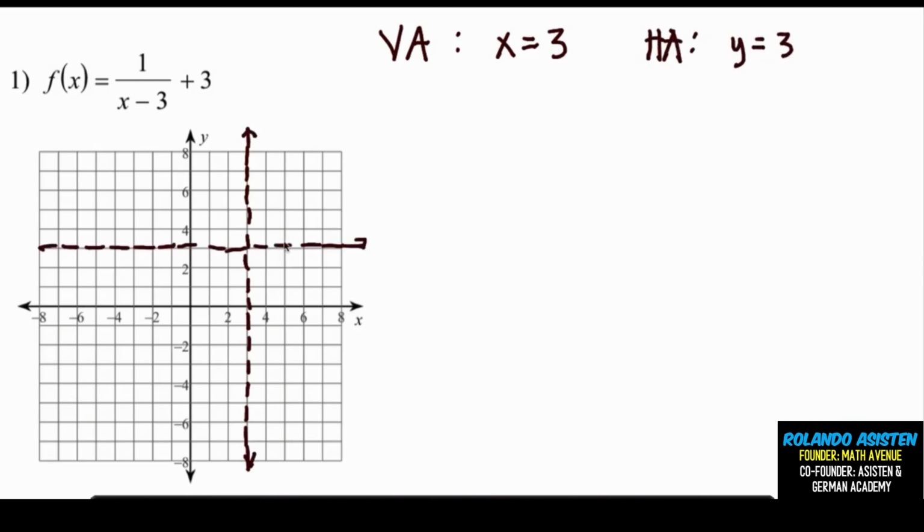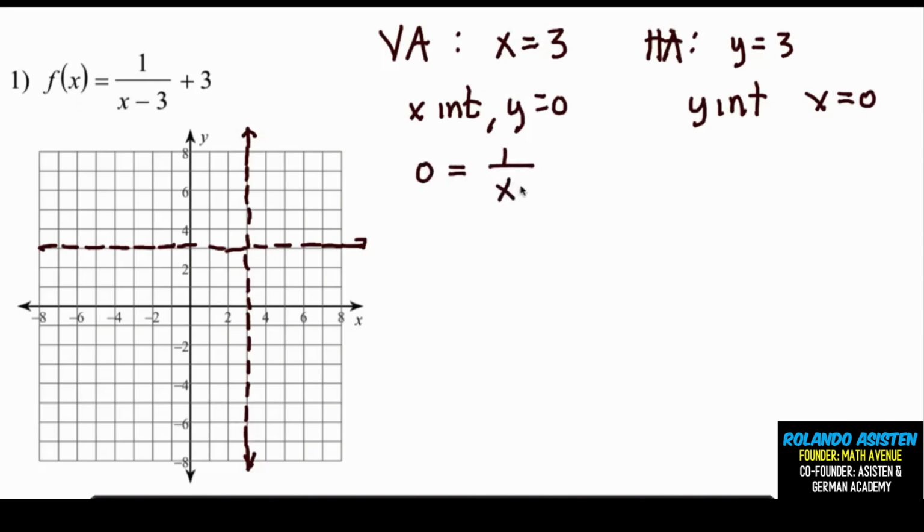Let's identify if there are x and y intercepts. So at the x-intercept, y equals 0. At the y-intercept, x is 0. So if y is 0, we have here 0 equals 1 over x minus 3 plus 3. Subtracting 3 from both sides, we have minus 3 equals 1 over x minus 3.